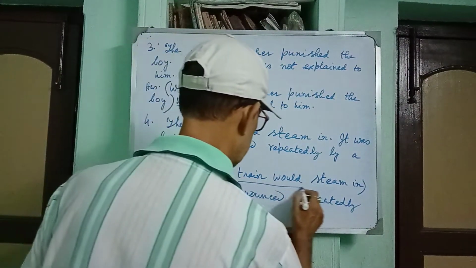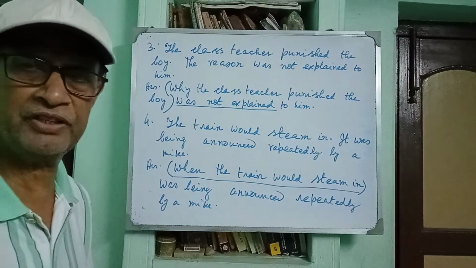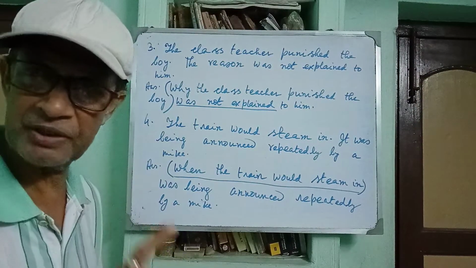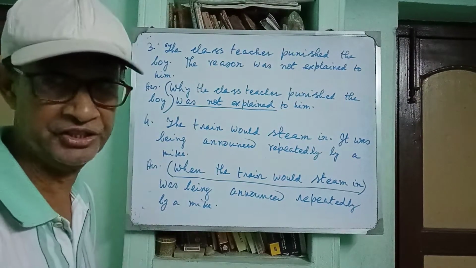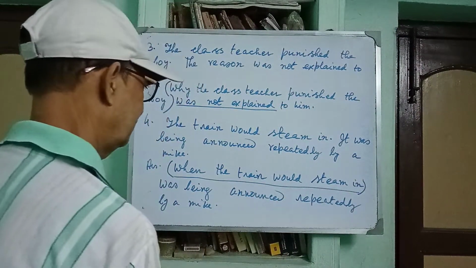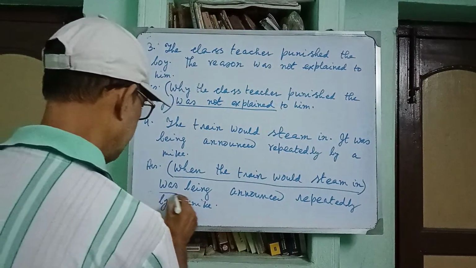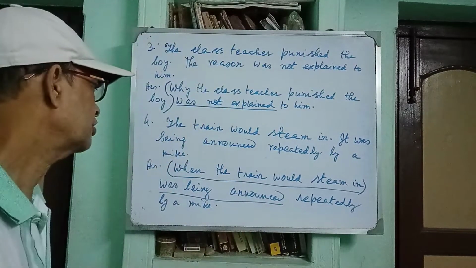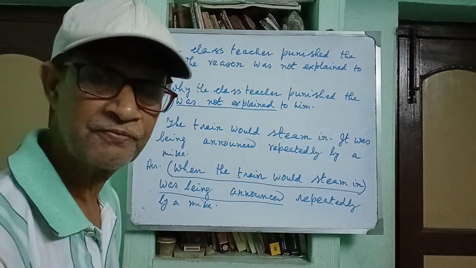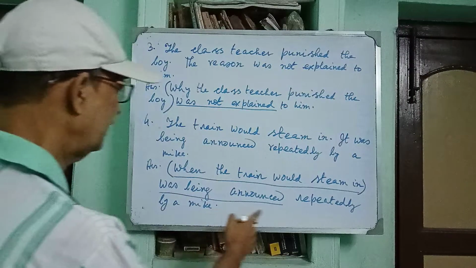When the train would steam in, this is a clause, and what is the definition of clause? The definition of clause is that it is the part of a sentence with a finite verb in it. When the train would steam in is acting as the subject to the verb was being announced. So, when the train would steam in is a subordinate noun clause and subject to the verb was being announced.